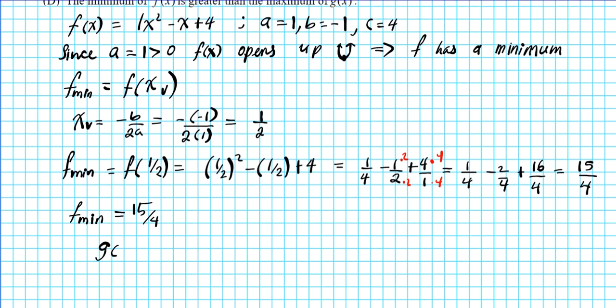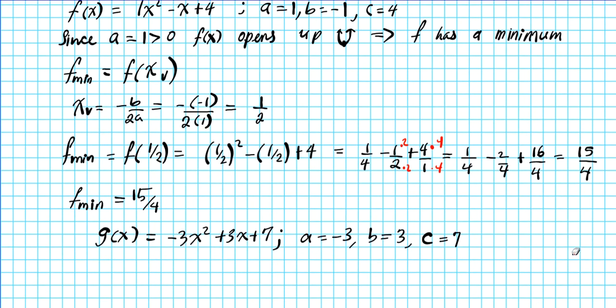G of x is the function negative 3x squared plus 3x plus 7, which basically tells us that a is negative 3, b is 3, and c is 7. Now, what can we say about a? Since the a value is negative 3, which is negative or less than 0, g of x does what?